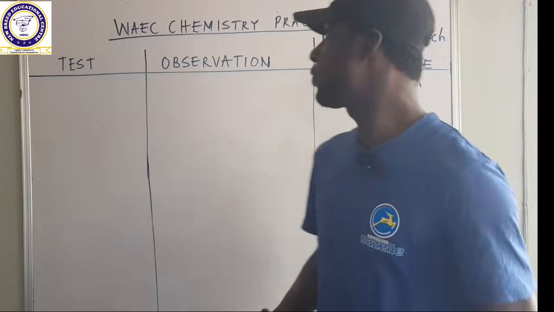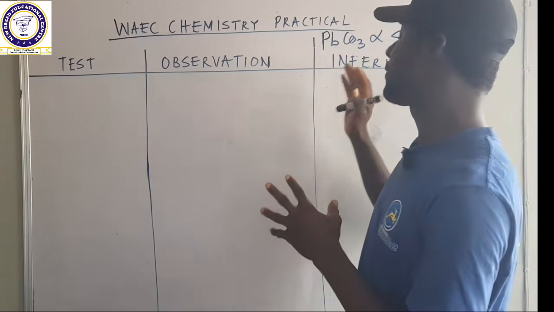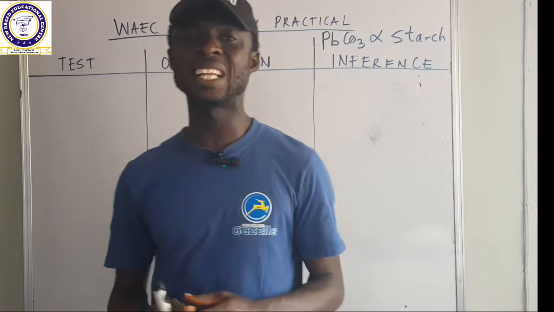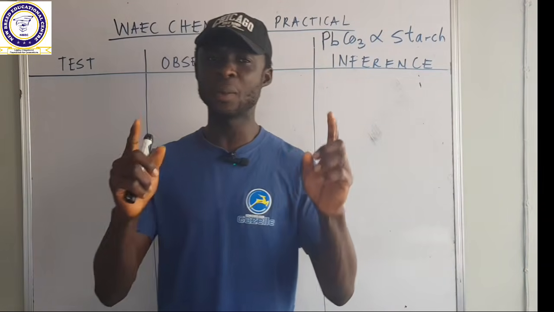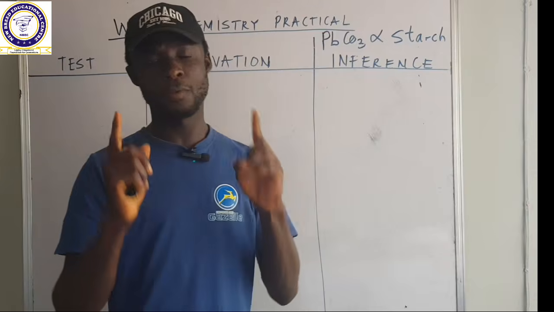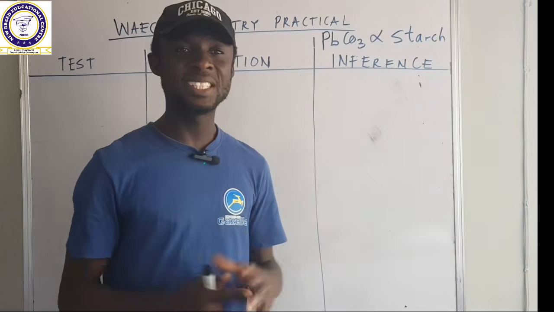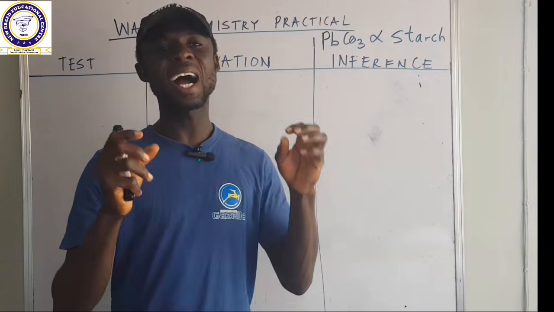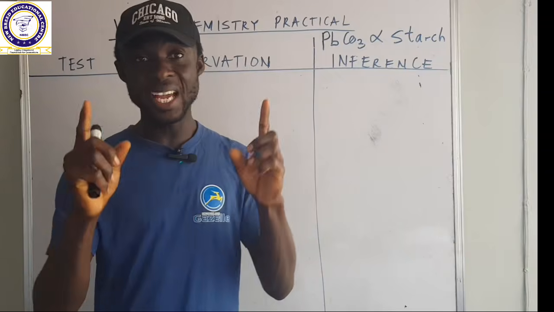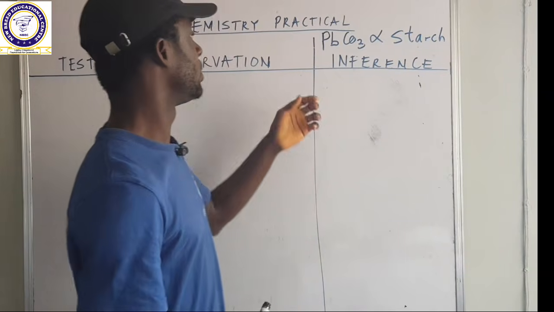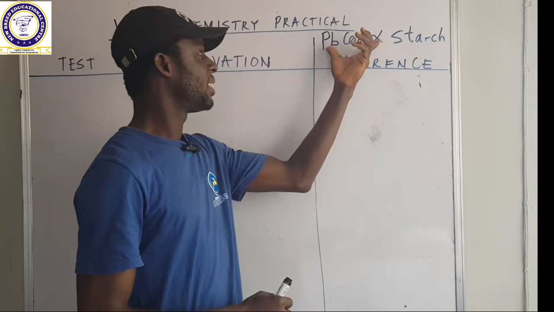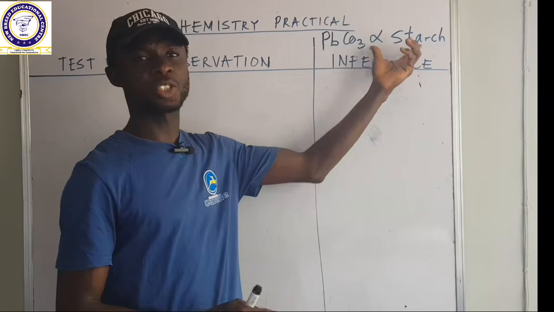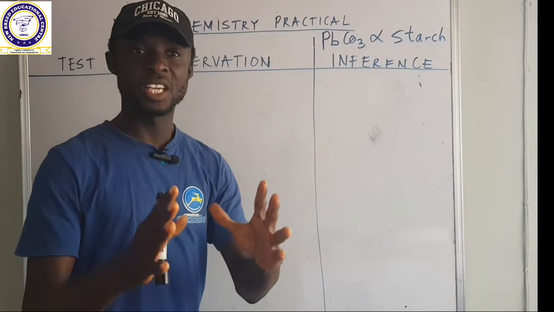First thing is that before you can run a test analysis on a sample, know that your sample must be in aqueous form. So the first thing they will ask you to do is to add water to your test sample. Our test sample is the mixture of lead carbonate and starch, mixed in equal ratio.